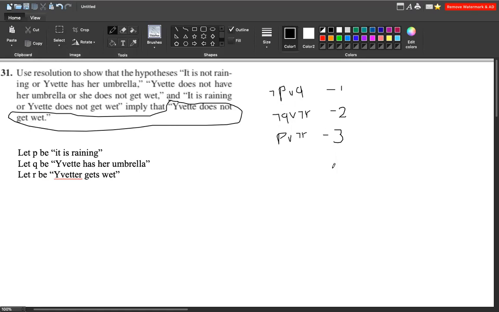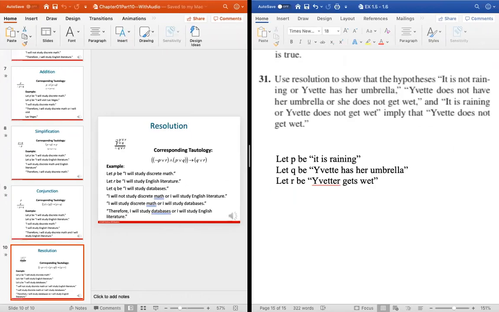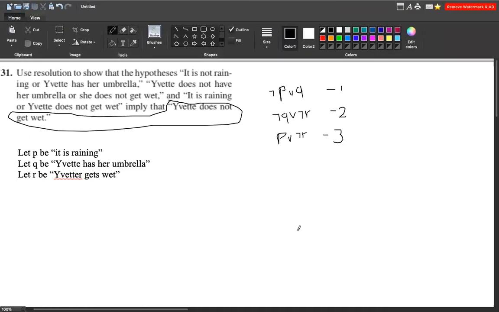Now we apply the rule of resolution. The resolution rule says: negation of P or R, P or Q, and we can imply Q or R.